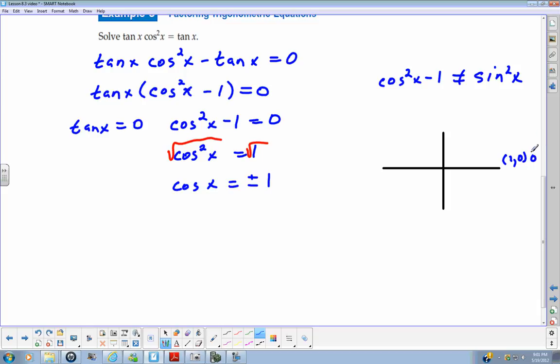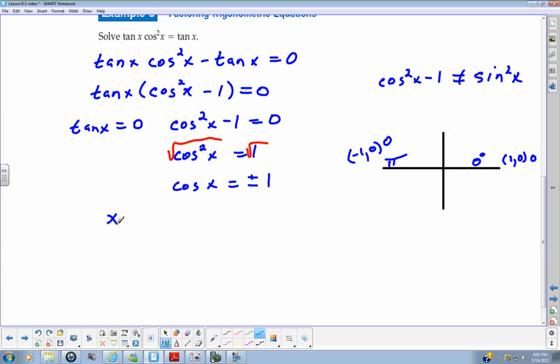Okay? And that means that over here, this is at 0 degrees or 0 radians, over here at pi, then we have negative 1, 0, and tangent 0 also. So tangent is 0 at 0 and pi, and cosine is 1 at 0 and negative 1 at pi.